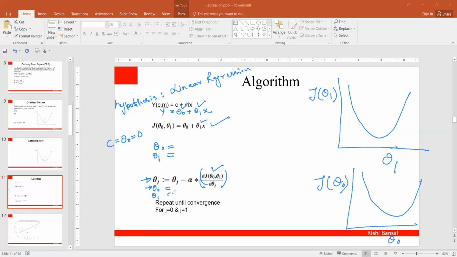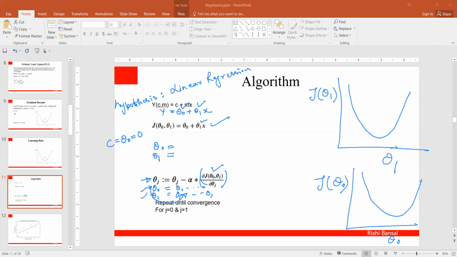And it is a simultaneous update, because you don't want to calculate theta 0 and then put that theta 0 into theta 1. You calculate theta 0 and theta 1 at the same time, then you go into the loop again and calculate theta 0 and theta 1 again.